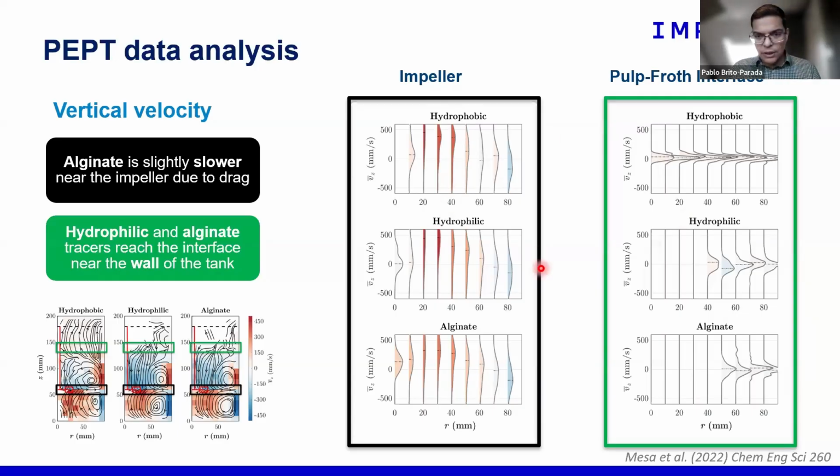I won't go too much into the details here, but the important thing is that we can quantify and compare. We expect high velocities near the impeller. We see some similarities between hydrophobic and alginate compared to the hydrophilic particle, not as much, of course, as once we get to the interface, which is when the vertical velocity for the hydrophobic will be higher and ascending as it goes through the froth.